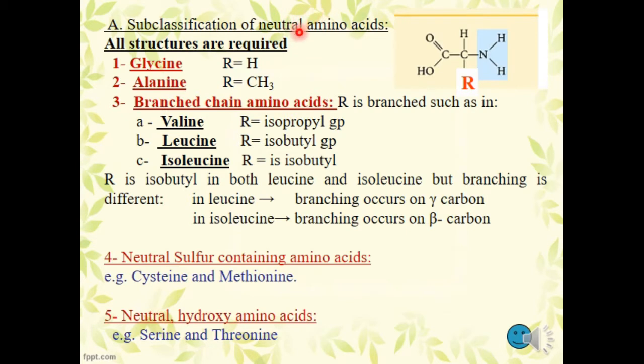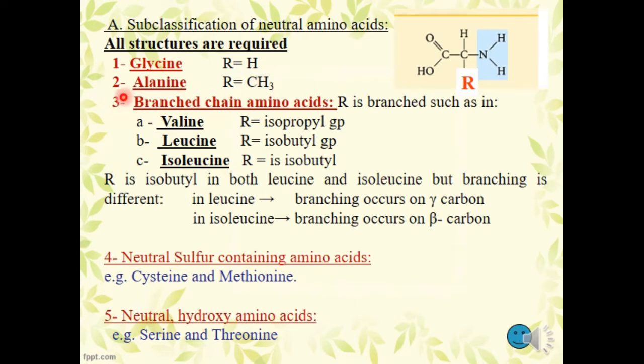Neutral amino acid, and the simplest form of amino acid would be glycine, where the side chain R is hydrogen. The second example of a neutral amino acid is alanine, where the side chain R is a methyl group, CH3.